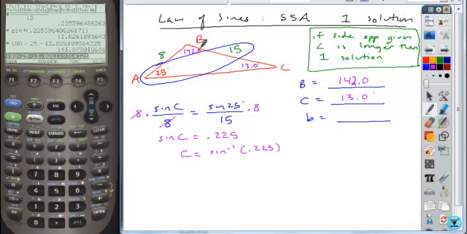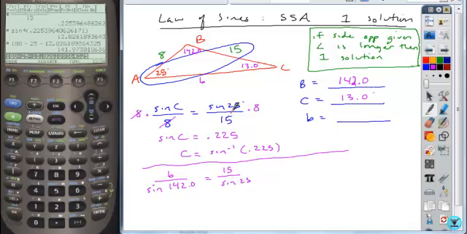All right, once I find that angle measure, my last piece of information is side B. So I can set up my trig ratio, B over the sine of the angle opposite it, 142. And that's equal to my known ratio, which, because I started with side B, I'm going to put the side 15 on the top and the angle on the bottom. So I'm using this same trig ratio, I'm only flipping it now.